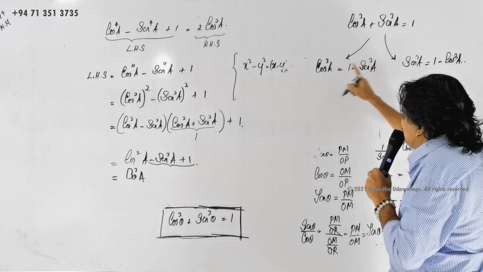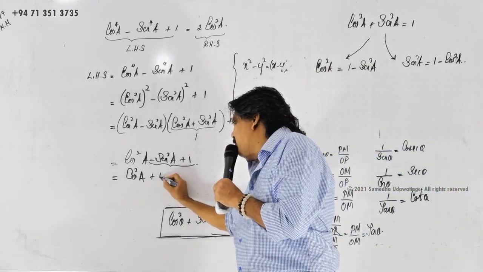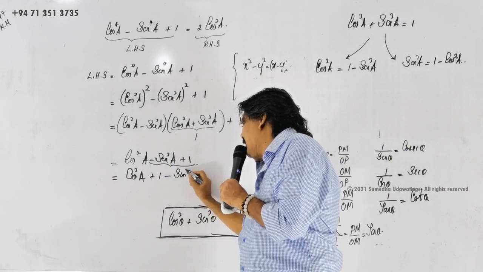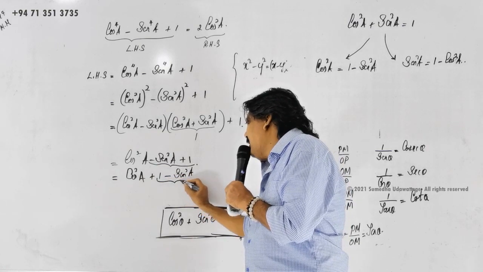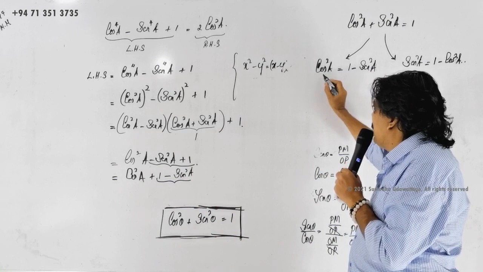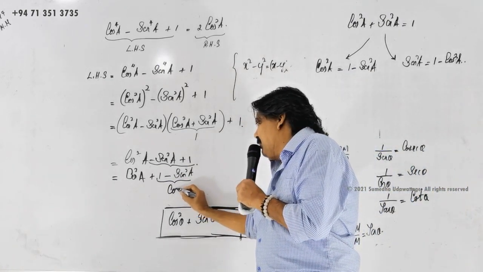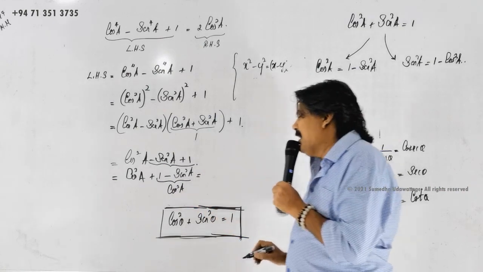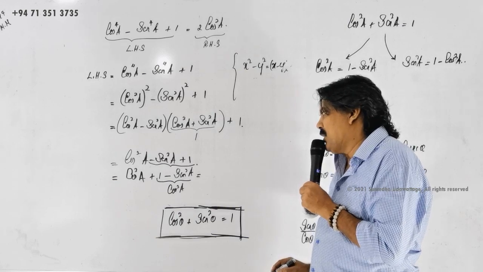1 minus sine square is cos square. Therefore, I'd write this to be 1 minus sine square A. 1 minus sine square is cos square A. When you get more familiar with the subject, you can do this mentally up to some extent.